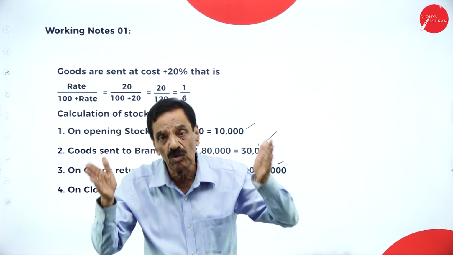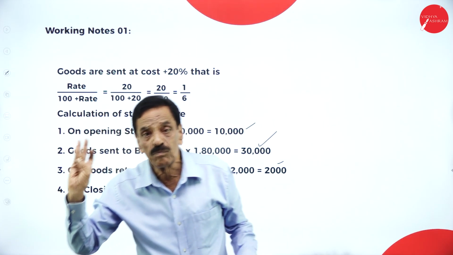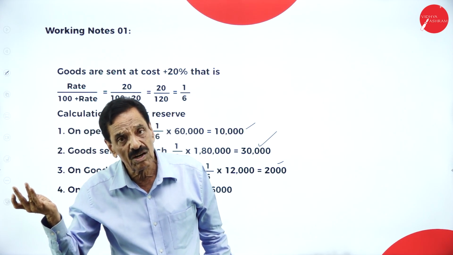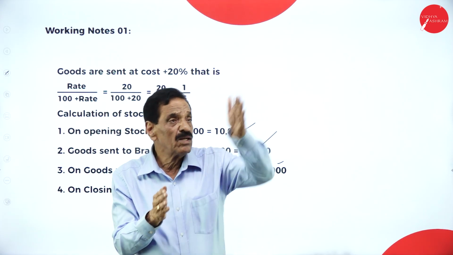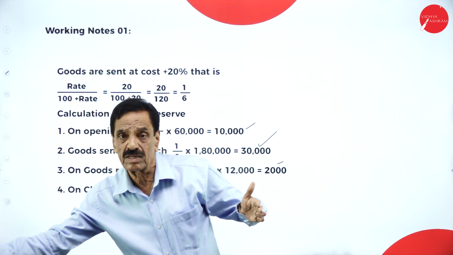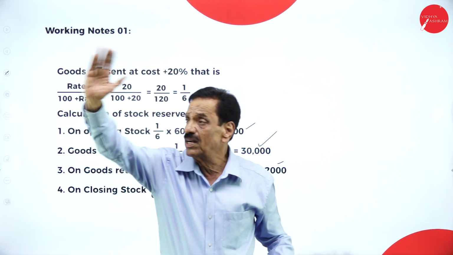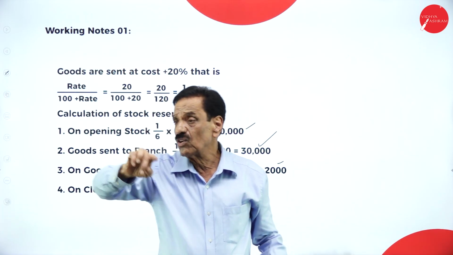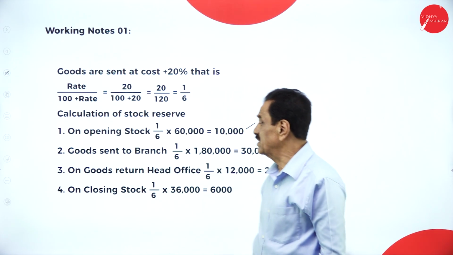These 4 items are the loading. Which are the 4 items? Opening stock, closing stock, goods sent to branch, goods returned by the branch. How will it be dealt with? Opening stock, stock reserve. Goods sent to branch, stock reserve. Goods returned to head office, stock reserve. Closing stock, stock reserve. Okay, I think you can understand this point.